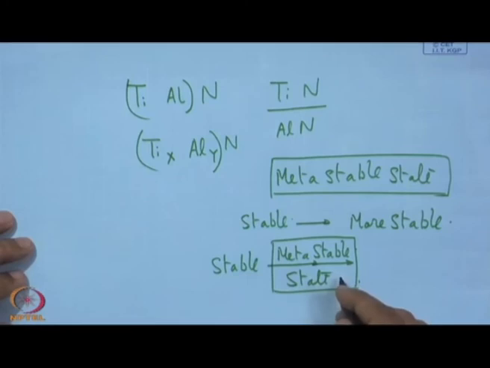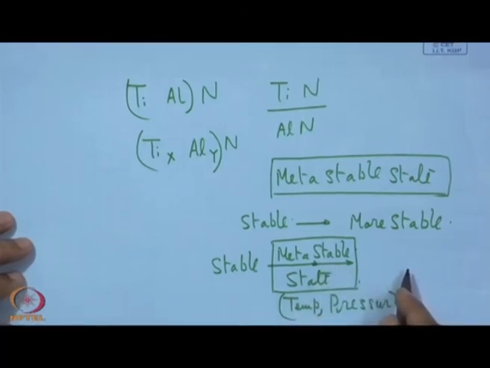This depends upon the particular coating condition, but in fact it is the temperature and pressure. With that, it is possible to have a metastable state that is quite stable, in that further movement to a more stable state does not occur.